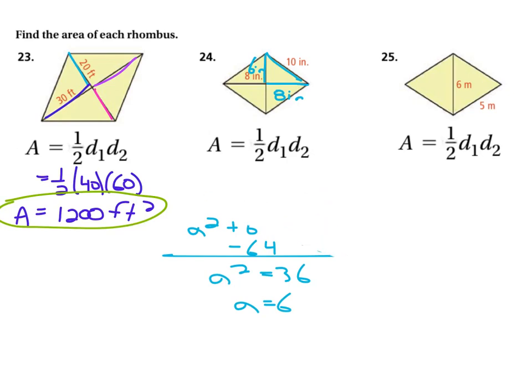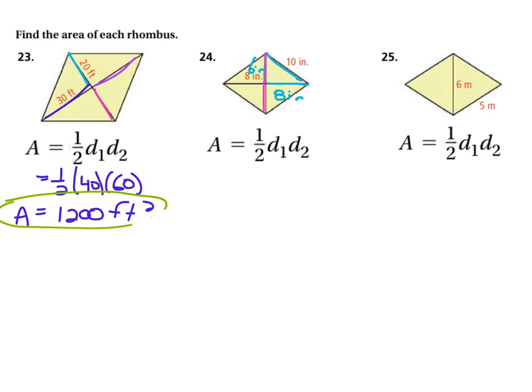Let me erase all this. If that's 6, then so is that, so we have a diagonal of 12. And if this is 8, this is also 8, for a diagonal of 16. So we can then fill in the values.